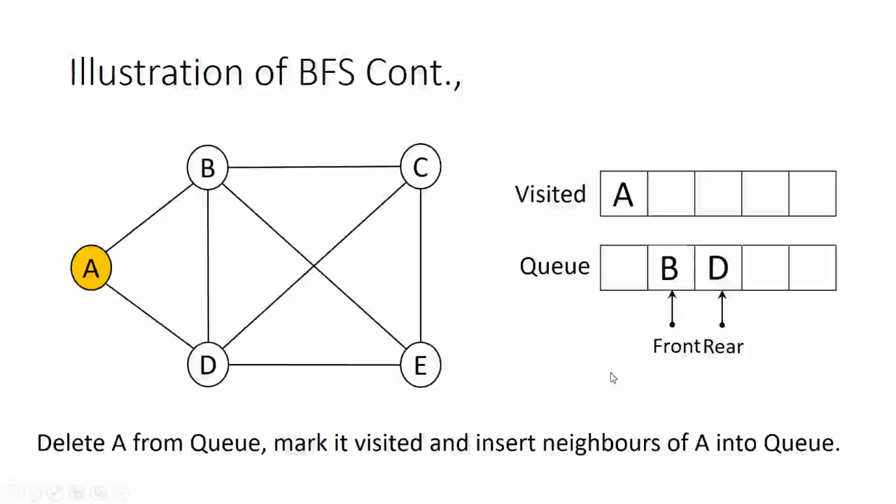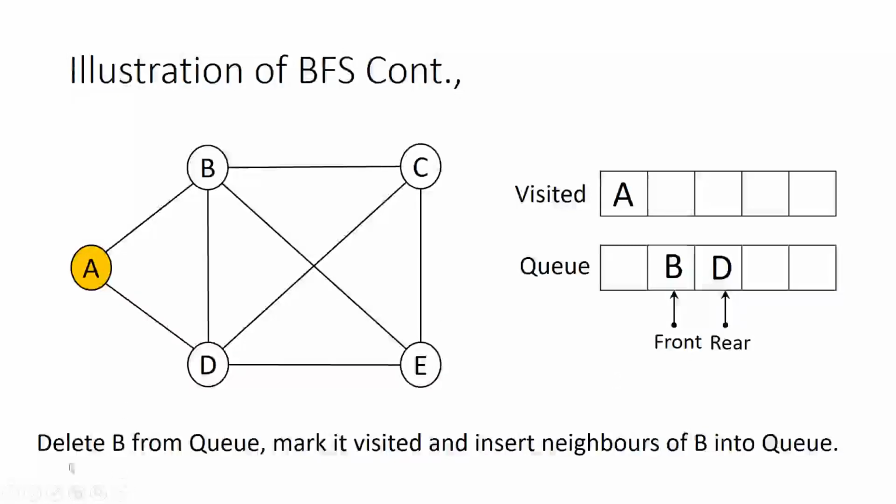Again, order doesn't matter. Now delete B from the queue, mark it visited, and insert neighbors of B into the queue. So B is copied into visited, we have deleted it from the queue, and C and E are inserted.